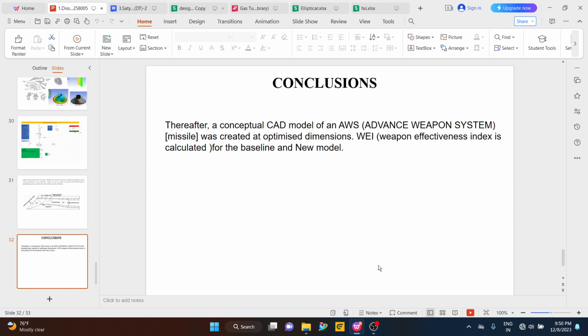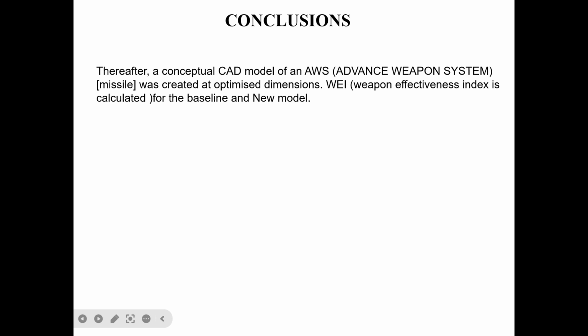So in conclusion I would like to say, first we will create the CAD parts of everything, each component of the missile, which we have to optimize to improve its characteristics. First we'll make the CAD designs by doing literature studies.